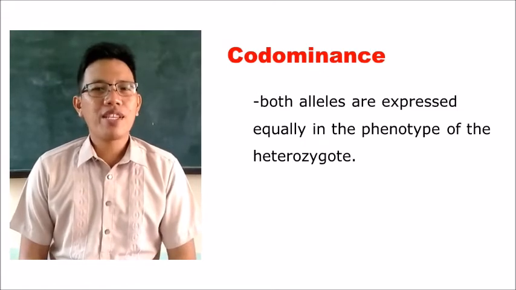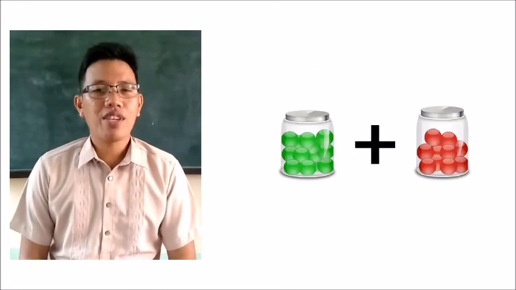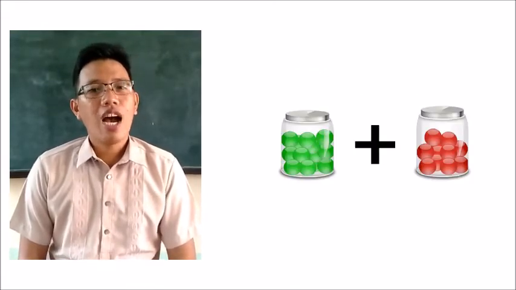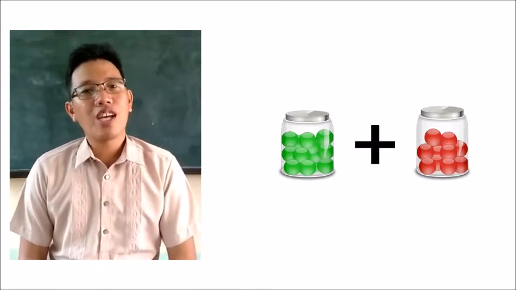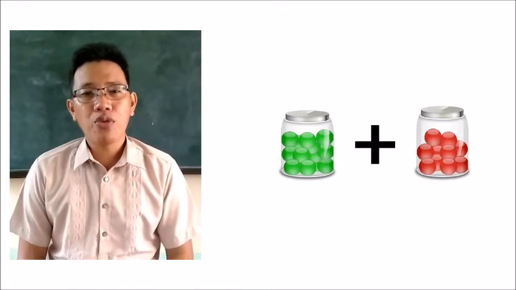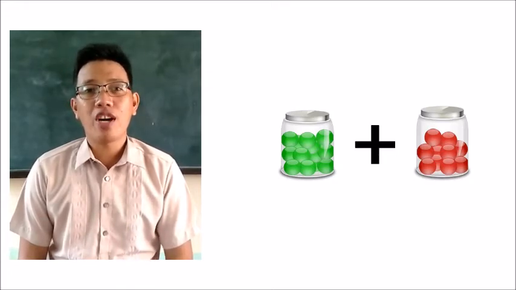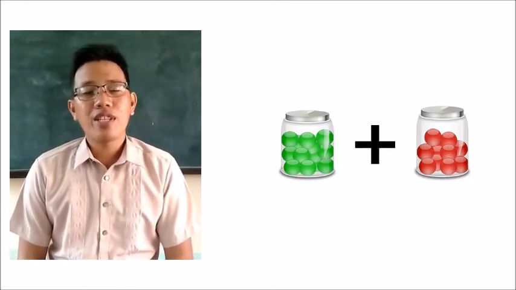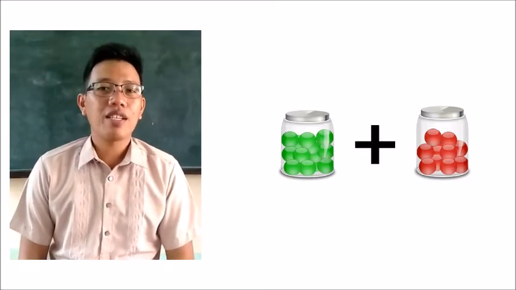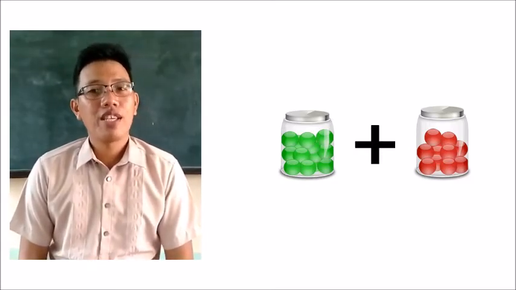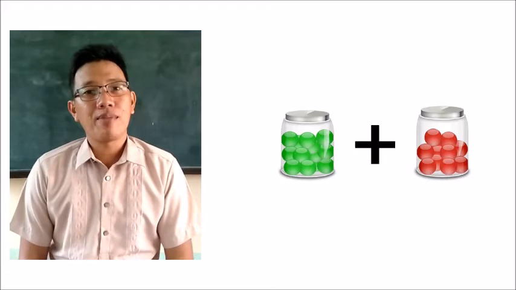Consider yourself mixing a jar of green marbles and red marbles. After mixing them, what is now the color? If your answer is still both colors will be present, then you are correct. Red and green will still appear after mixing the green and red marbles. More or less, codominance is something like that.